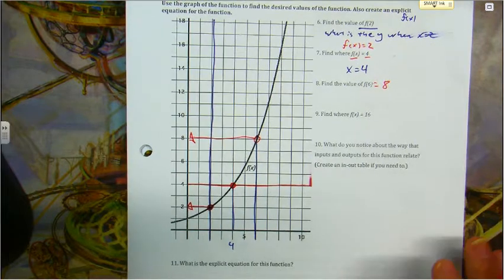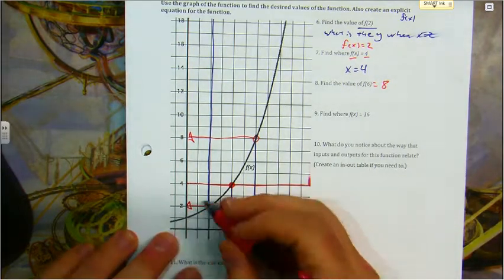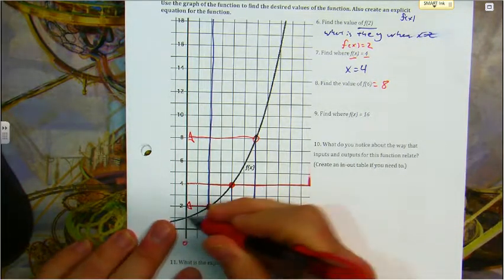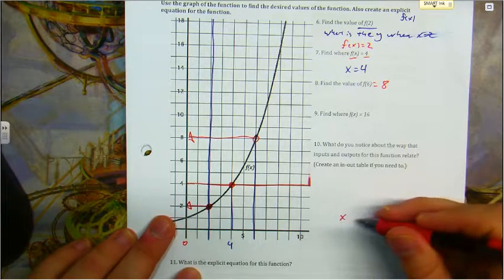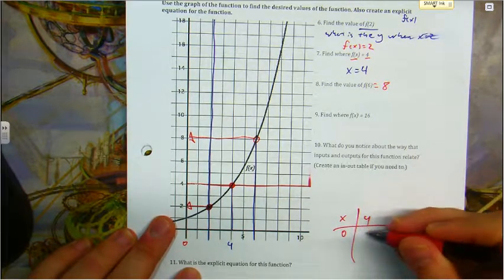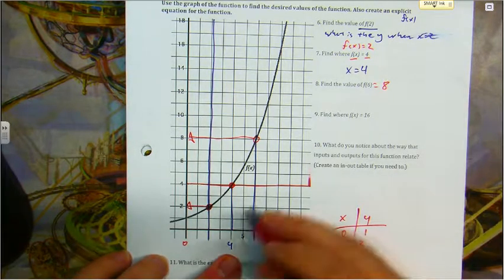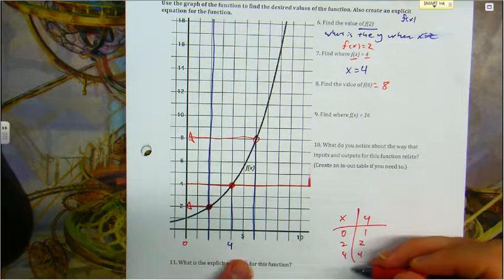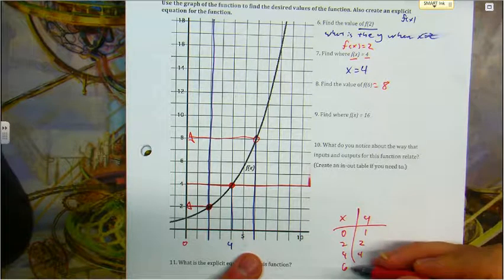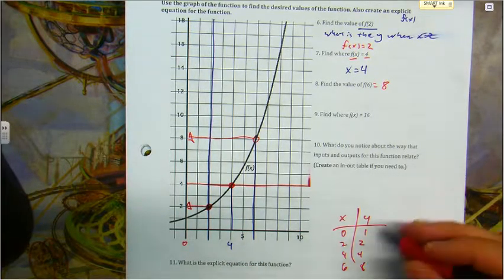And so what we have to do is this is kind of a table, right? We know that here's 0 is 1. So in x, y, 0, 1. At 2, it's 2. At 4, it's 4. At 6, it's 8. So we can kind of figure out what our difference is.